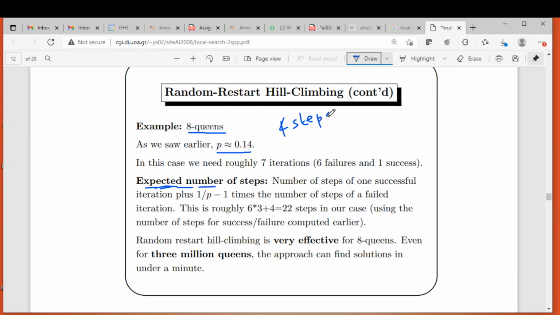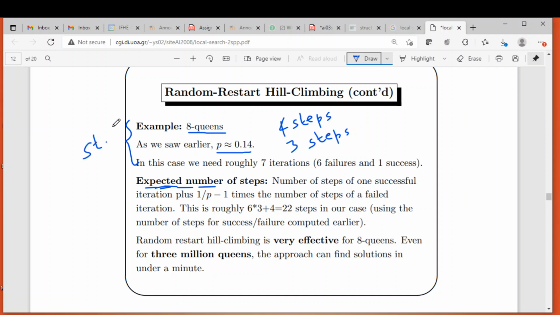When it fails, on average it needs 3 steps, right? So this is the case of solving the 8 queen problem using the steepest ascent hill climbing algorithm.